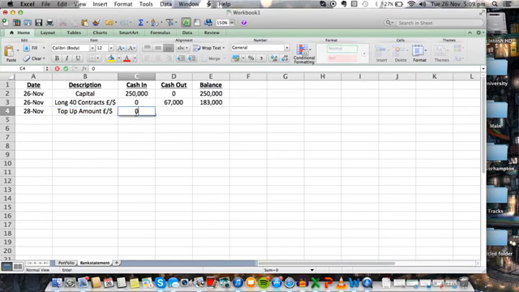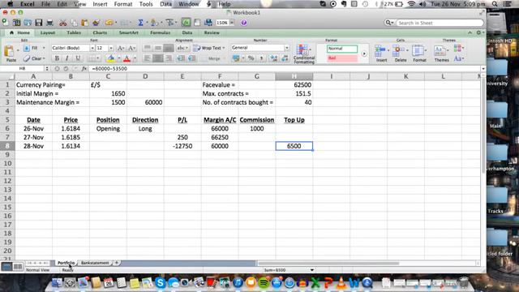So once again, no cash in, cash out 6,500. What we have here is this plus this minus this, and that gives us 176,500. This is a good example of why you shouldn't spend all your cash all at once. Okay, so that's what we have.